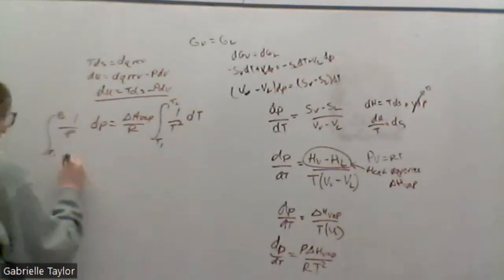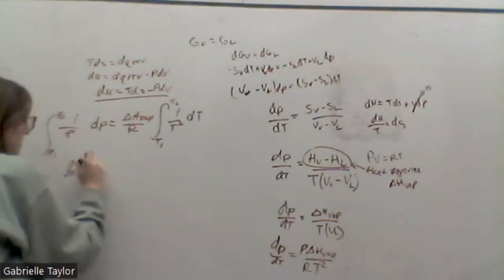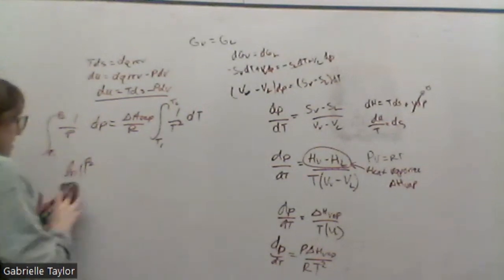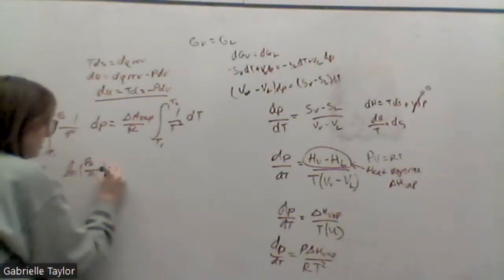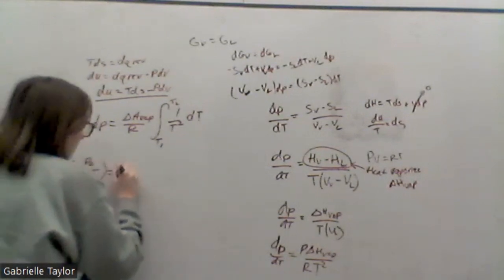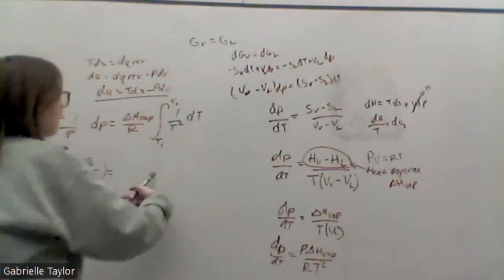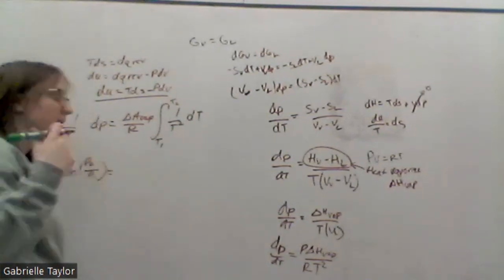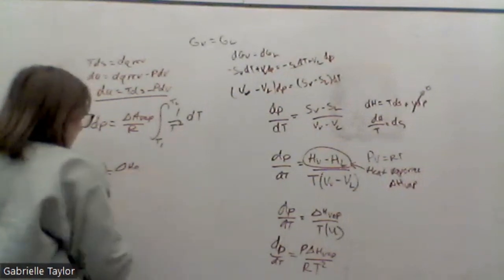So now we have the natural log of P2 over P1 is going to equal, and since this is a negative 2 exponent, it's going to be negative, but if we flip it, it'll be positive. So we're going to do it as positive first.